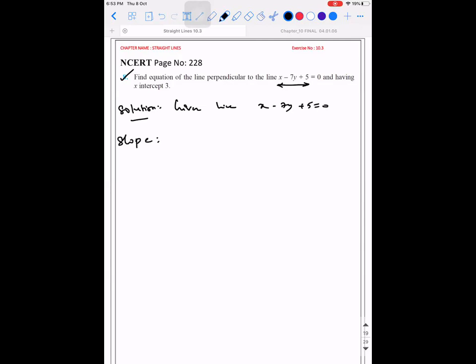What will be the slope of this? Minus a by b. So that will be 1 by 7. Okay. So slope of perpendicular line will be what? What will be the slope of the perpendicular line for this? It will be minus 7. Is there any doubt till this step?